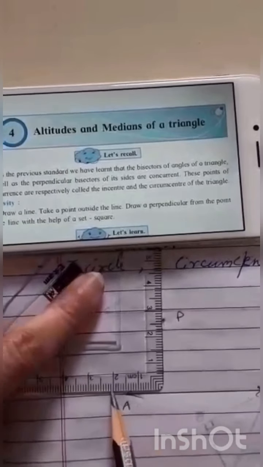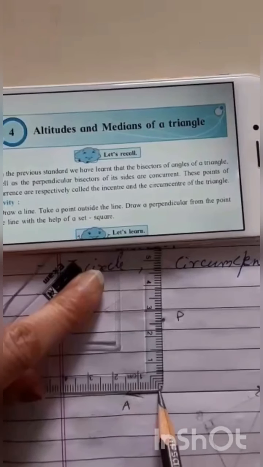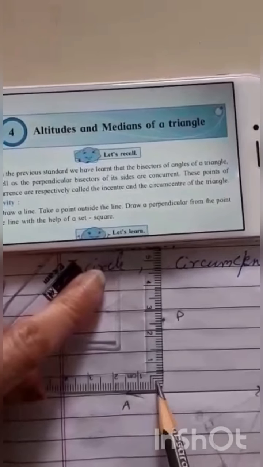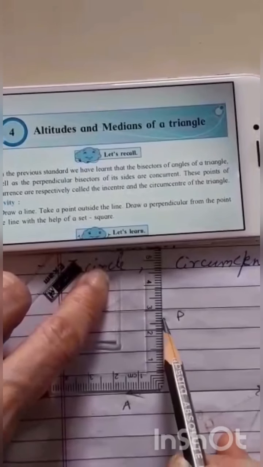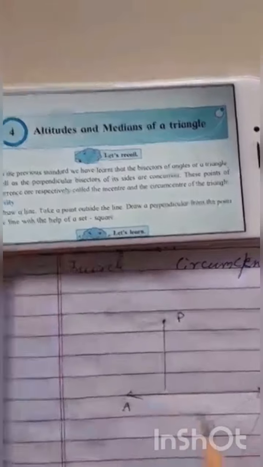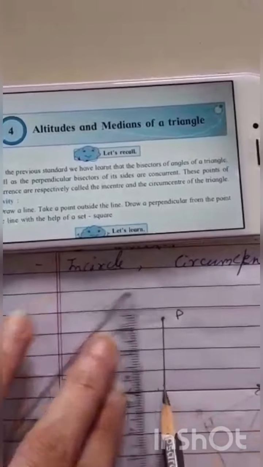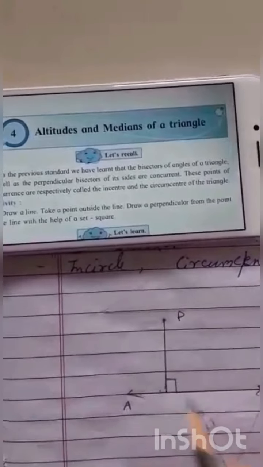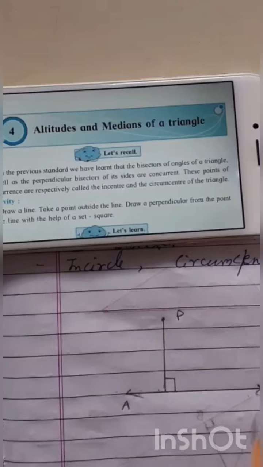I have to keep this edge of the set square on line AB, and this edge will be touching the point P, and I'll be drawing a perpendicular line like this. So this is how you are going to draw a perpendicular on this line AB.